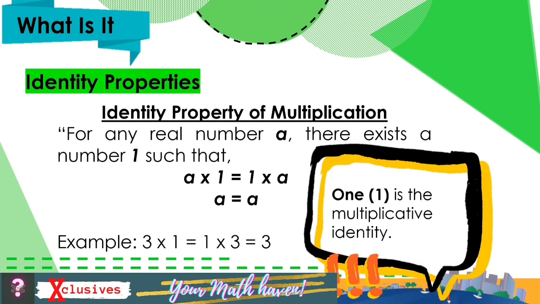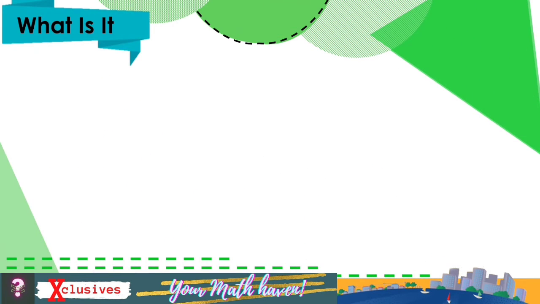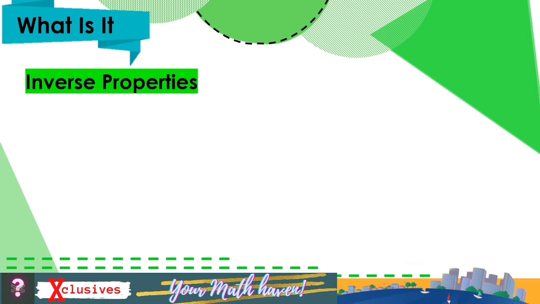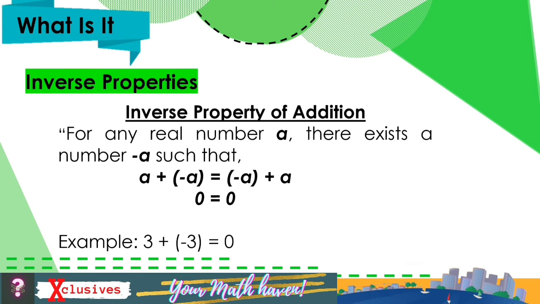Another property to discuss is what we call the inverse properties. First, we have the inverse property of addition, which states for any real number A, there exists a number negative A such that A plus negative A is equal to negative A plus A is equal to 0. For example, 3 plus negative 3 is equal to 0.